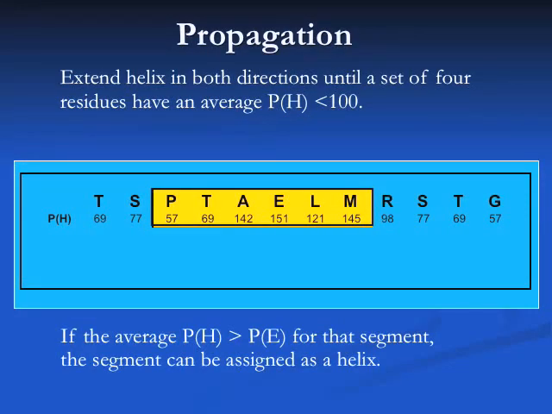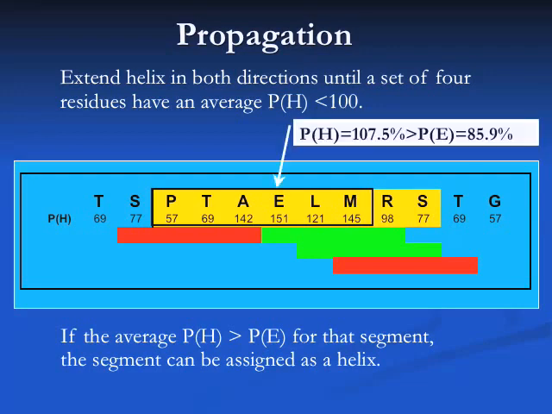Now I extend that helix in both directions until a set of 4 residues has an average Pα of less than 100. I go 4 this way, and 4 that way, and I keep going 4 until I get a value that is less than 100.